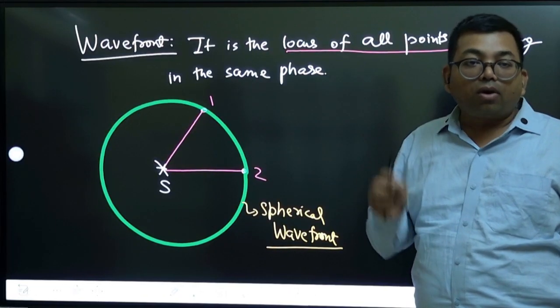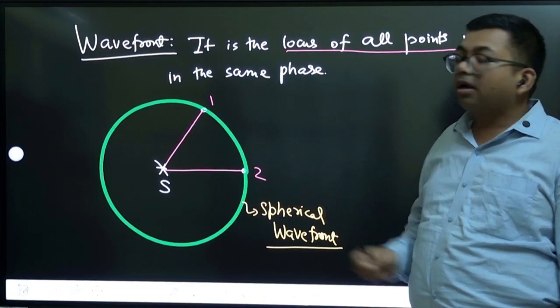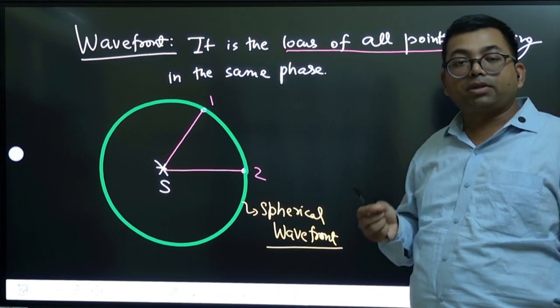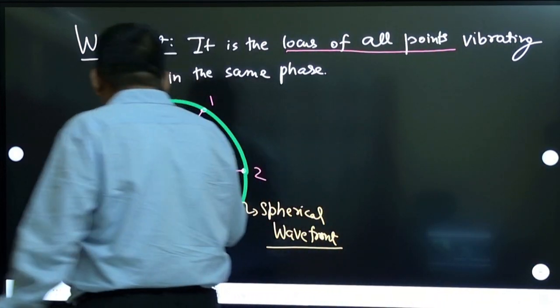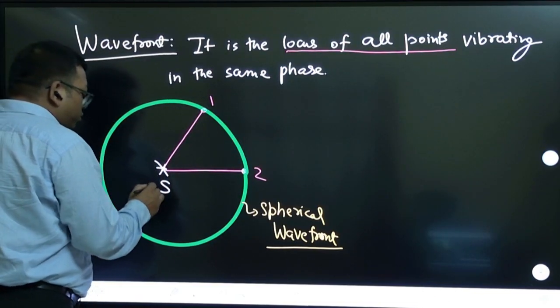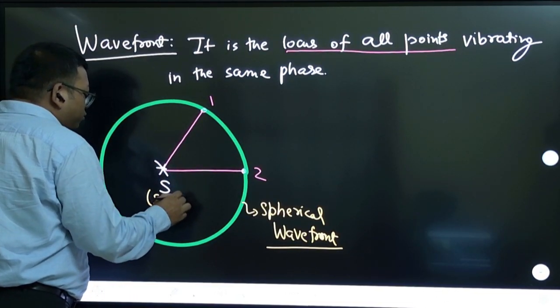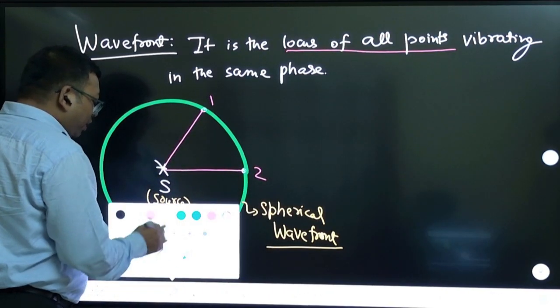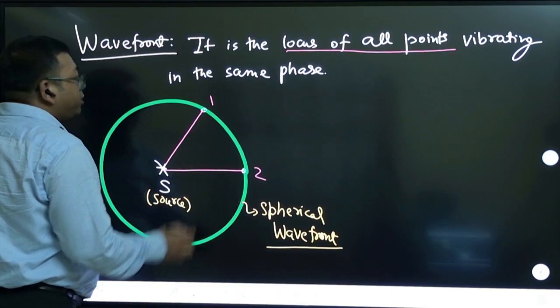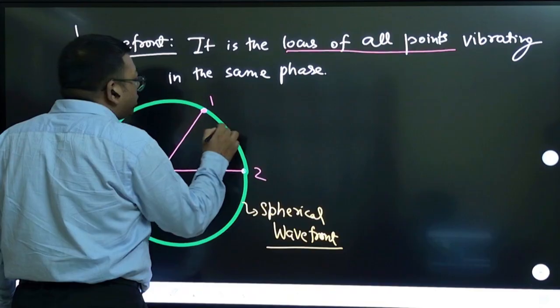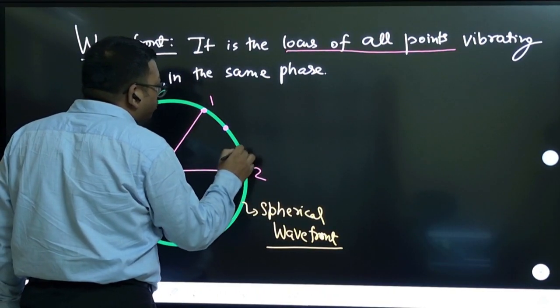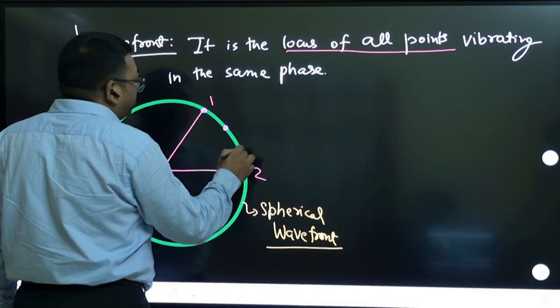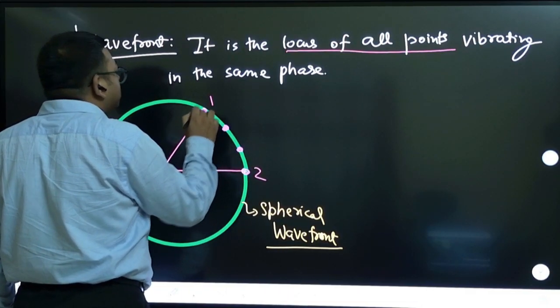Now, Huygens explains how waves actually travel in space. This is a source of light, and this source has produced this wavefront. Now, each point on this wavefront is going to behave as a source of light. I am showing a few points here on this surface.